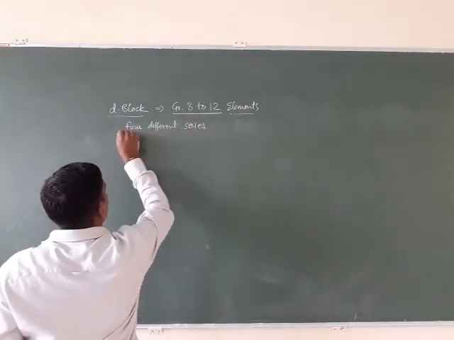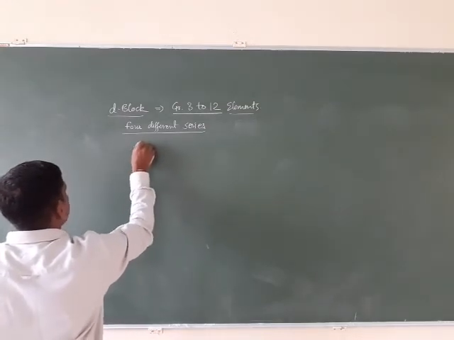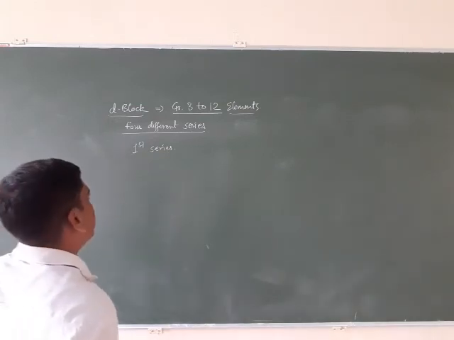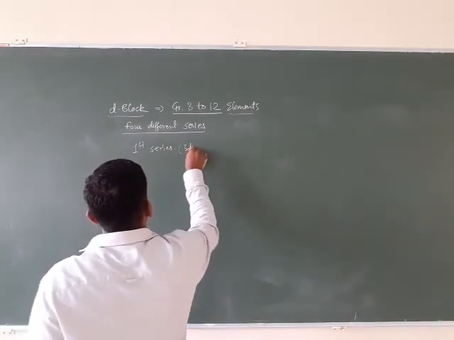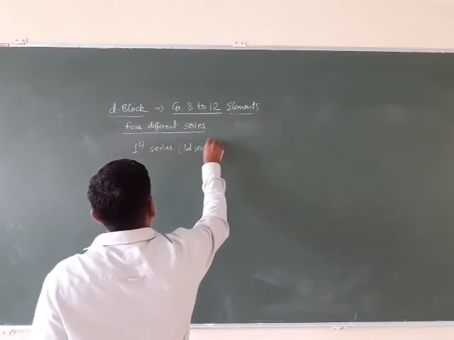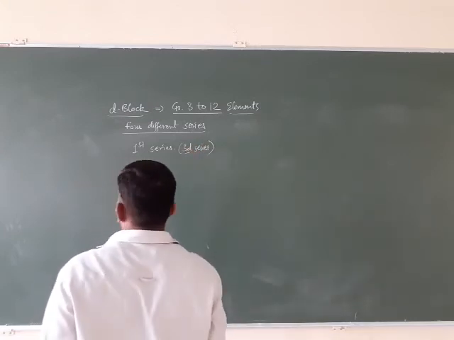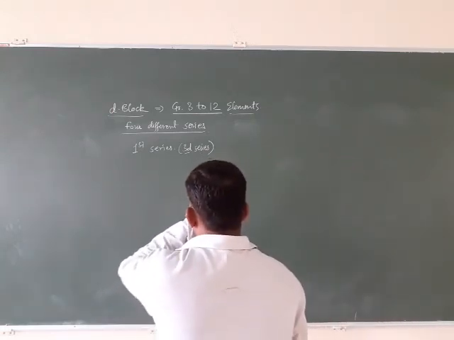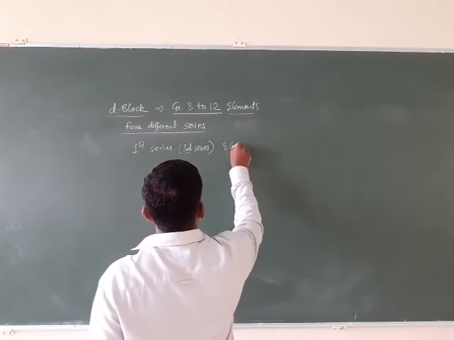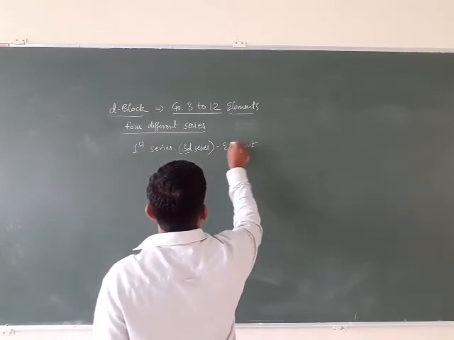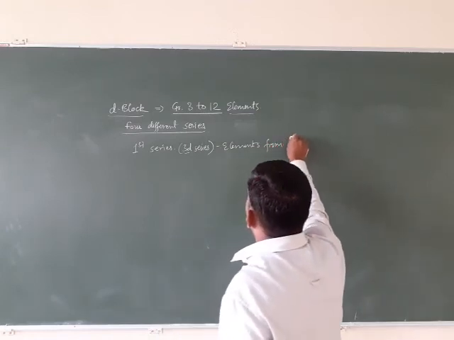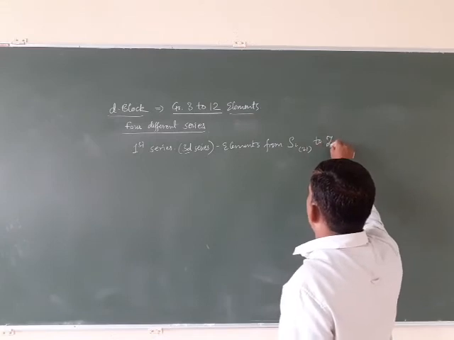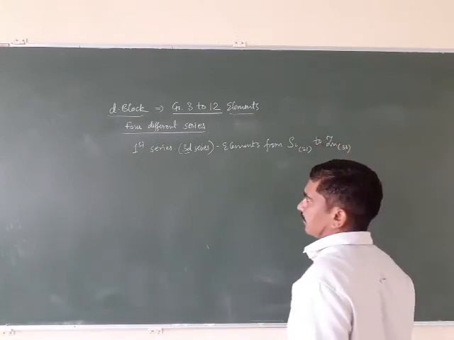The first series is the 3D series, which consists of elements from scandium, atomic number 21, to zinc, atomic number 30.